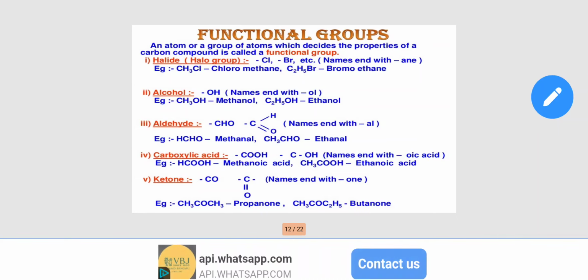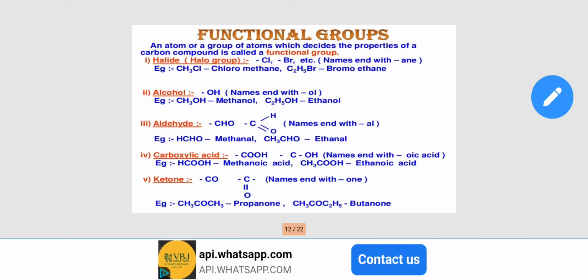Next, an atom or a group of atoms which decides the properties of the carbon compound is called a functional group. A functional group is an atom or group of atoms that determines the chemical properties of a compound.